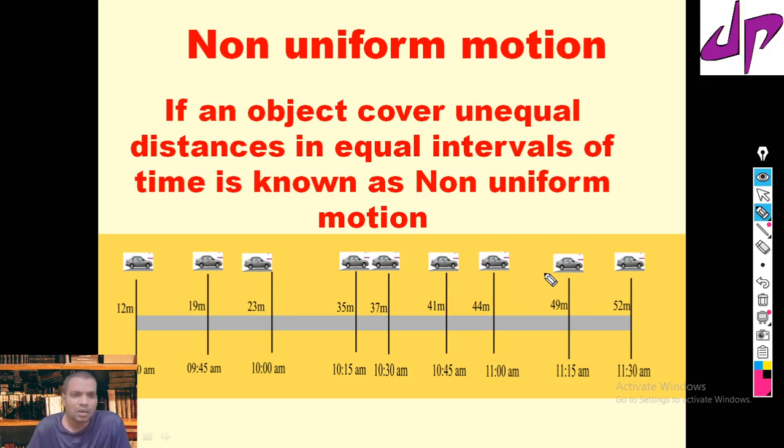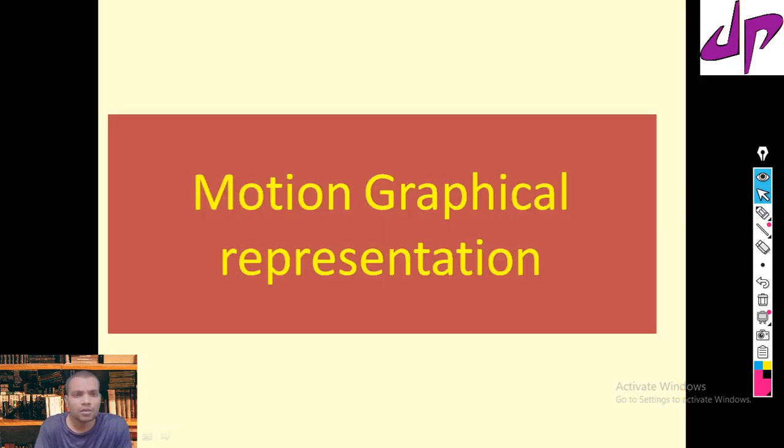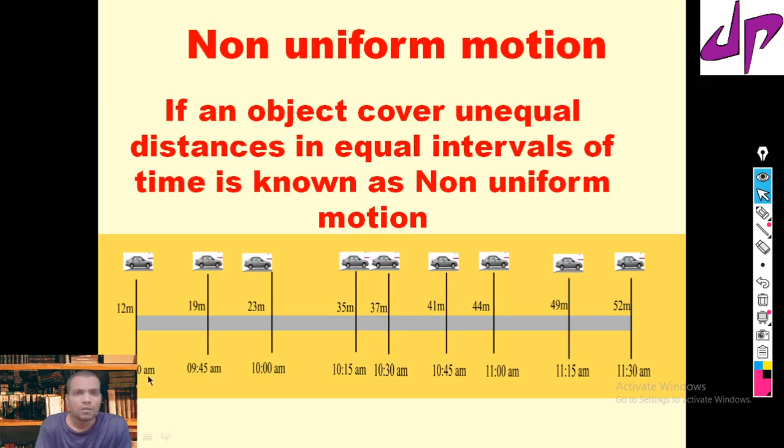So when we are usually traveling, obviously that motion is an example of non-uniform motion. So again the definition: if an object covers unequal distances in equal intervals of time, this kind of motion is known as non-uniform motion.